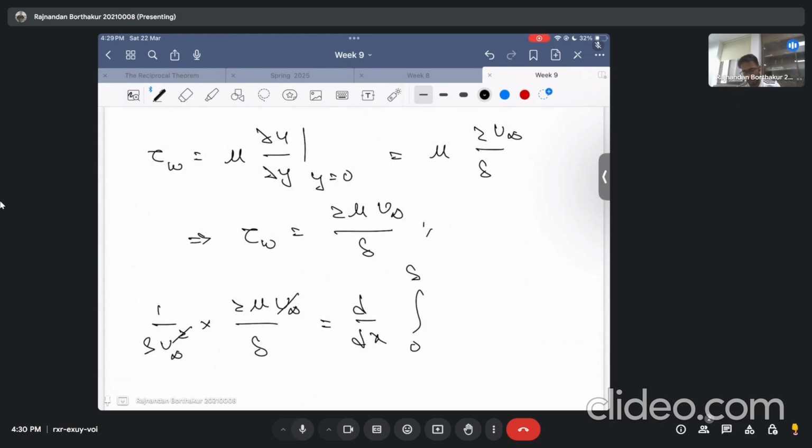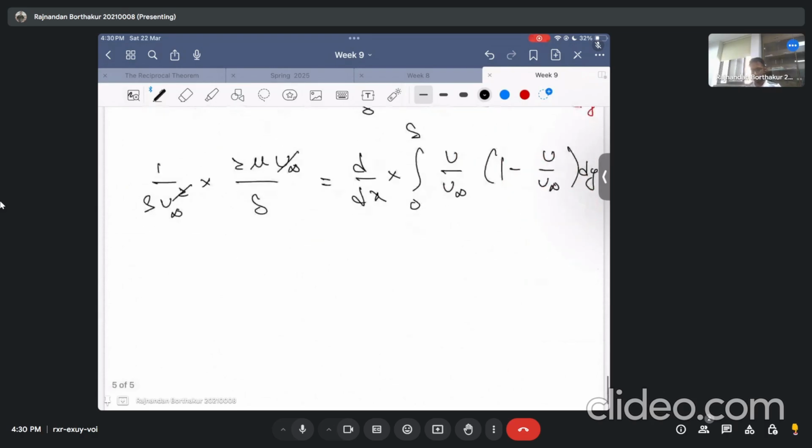It is d/dx times theta, the momentum thickness, which is related to the velocity field as the integral 0 to delta, which is of course a function of x, of u by u infinity times 1 minus u by u infinity dy. That's the definition of your momentum thickness. So that's what we will write down here: integral 0 to delta of u by u infinity times 1 minus u by u infinity dy.